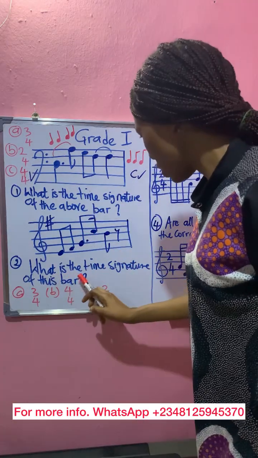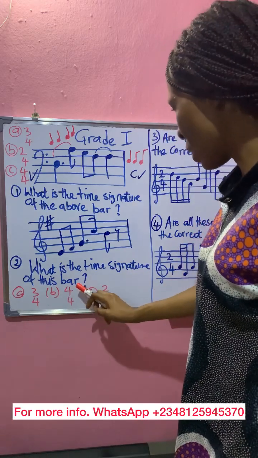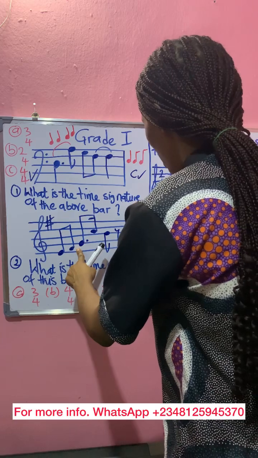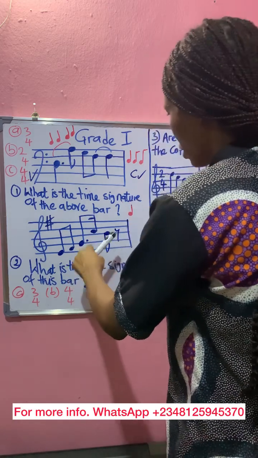Number 2, what is the time signature of this bar? Now let's see. We have here 2 quavers, which is equivalent to 1 crochet.